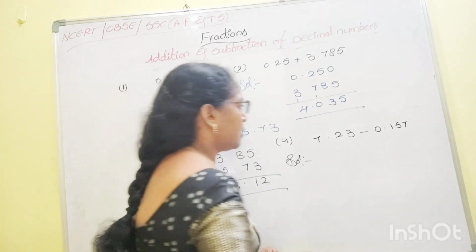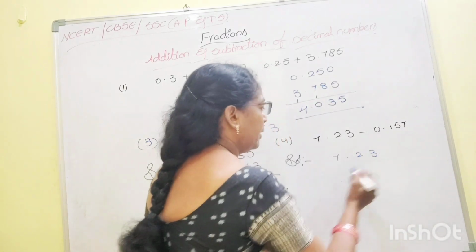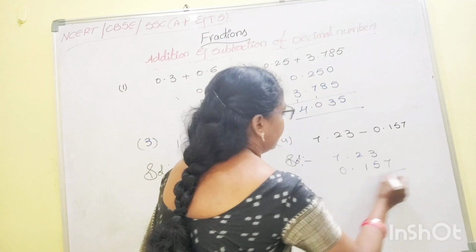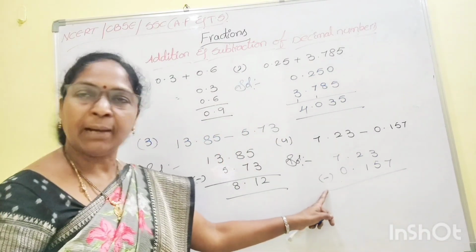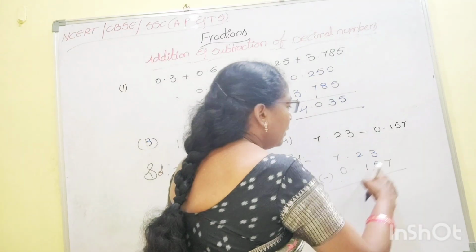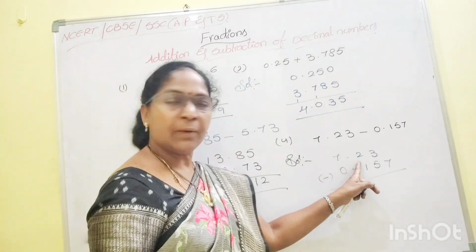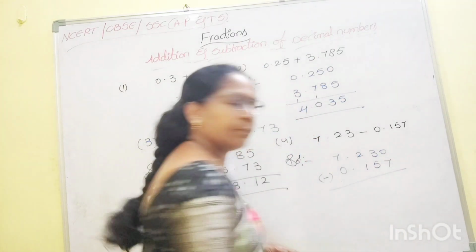First write the first number as it is, 7.23. Here 0.157. And the symbol is subtraction, write the symbol minus. Now here 157, after the point 3 digits are there. In the first number 3 digits are not there, so what you have to write is 0.